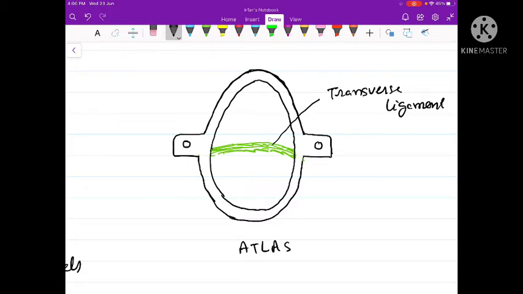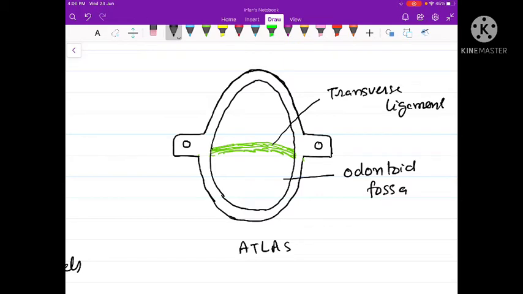So it divides the cavity of this ring-shaped cervical vertebra into two parts. The lower one is called the odontoid fossa. The odontoid fossa is responsible for articulating with the odontoid process of the next cervical vertebra.